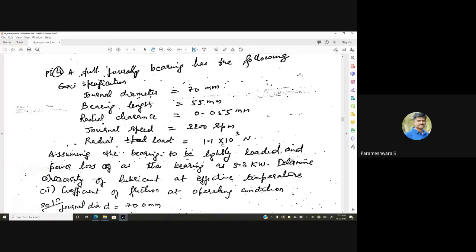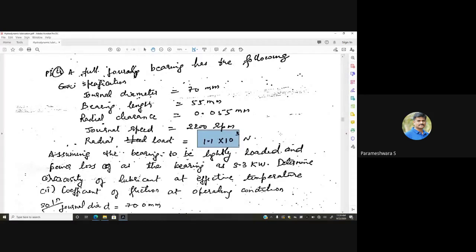Look at this, the radial load given in the problem is 1.1 into 10 raised to 3 Newton. While stating the definition of the lightly loaded bearing, I said that a load equal to 1 kilonewton or less than 1 kilonewton is considered a lightly loaded bearing. But in this case, the load given is 1.1 kilonewton, which is exceeding 1 kilonewton.